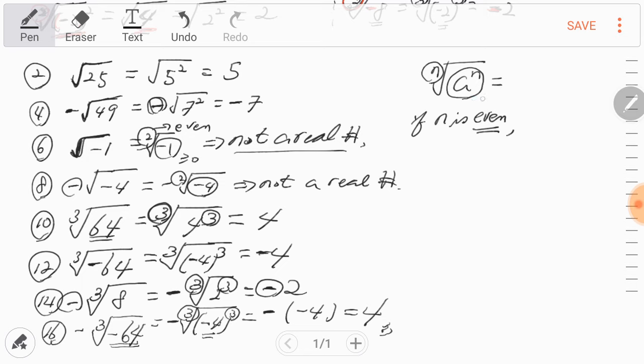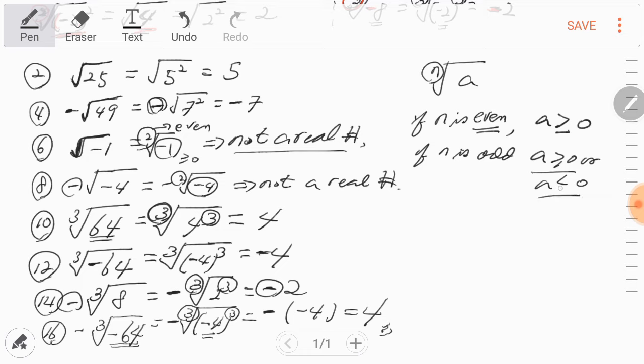The radicand, let me write here, radicand A, has to be positive. If n is odd, then A can be positive or A can also be negative. It doesn't matter.